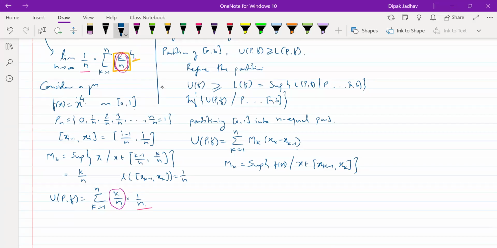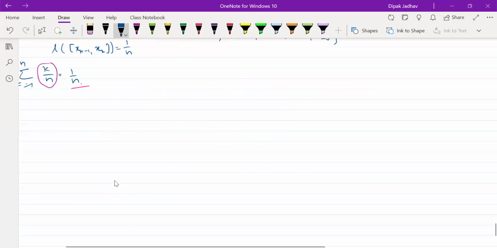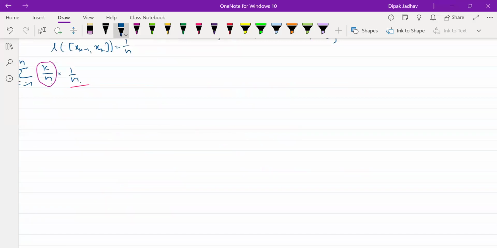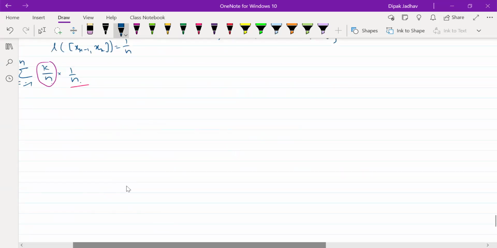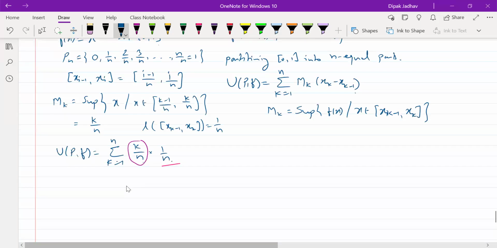Is it okay for all of you? Did you follow this? If I choose x raised to 4, then what will you get? Can you do the calculation?